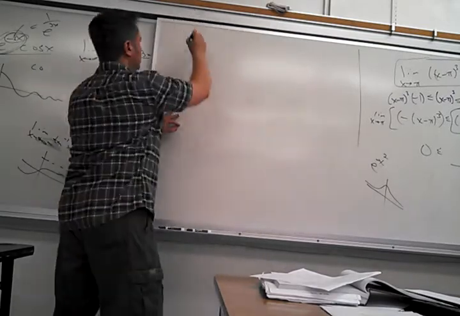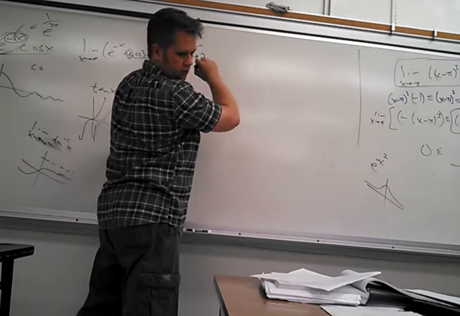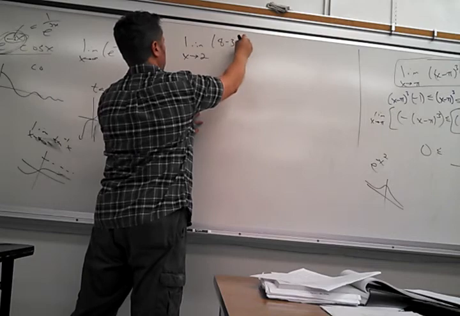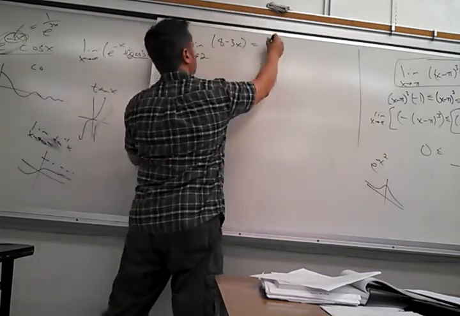So this says prove that the limit as x goes to negative 2 of 8 minus 3x equals 14.